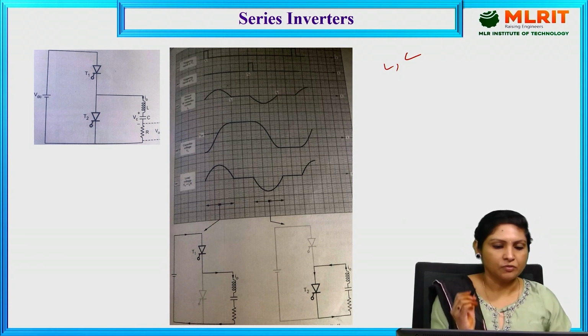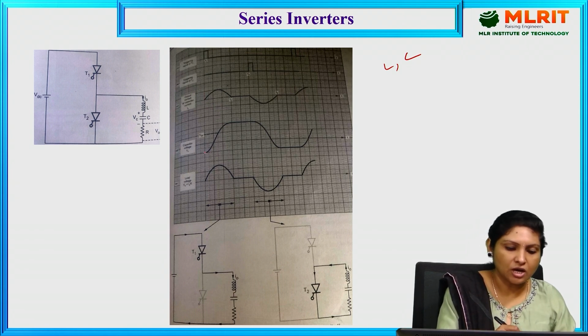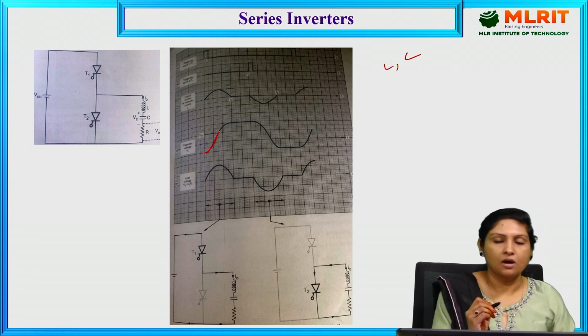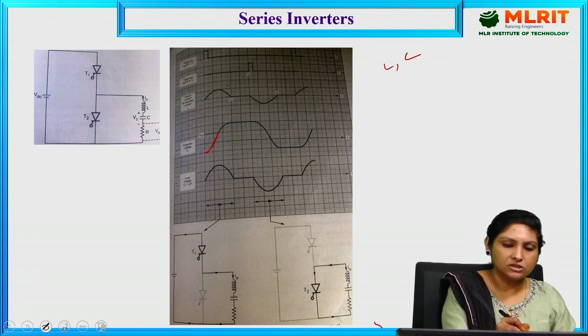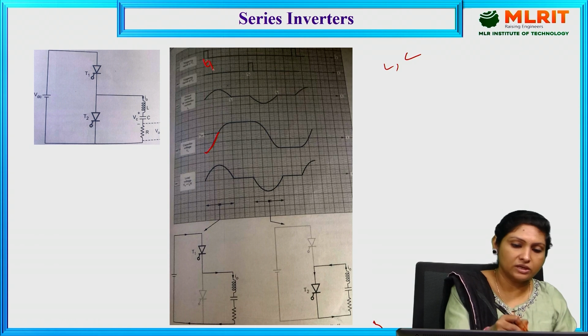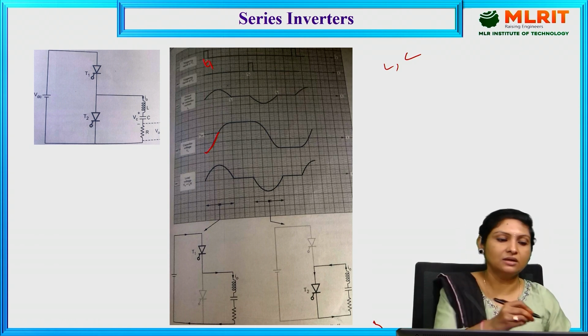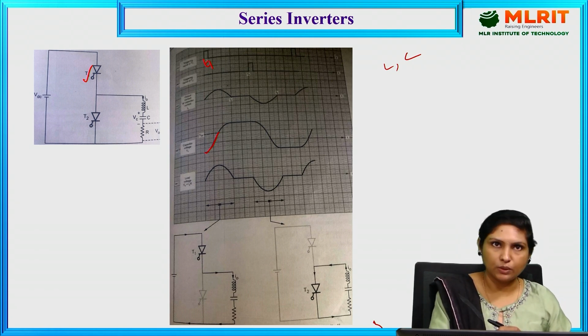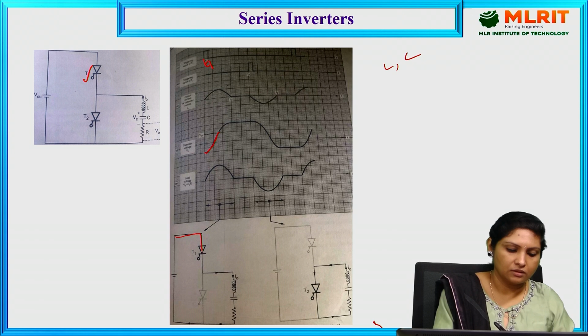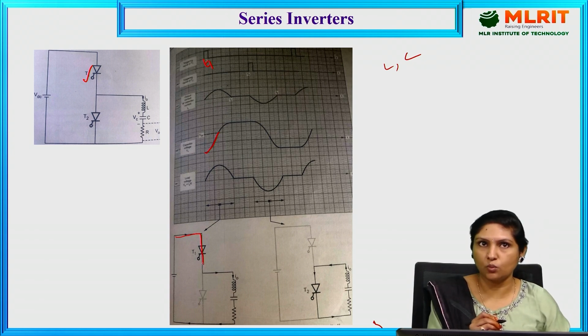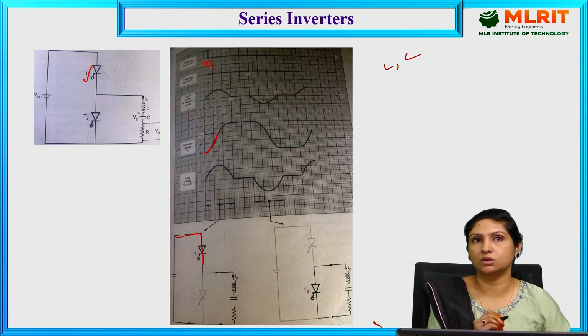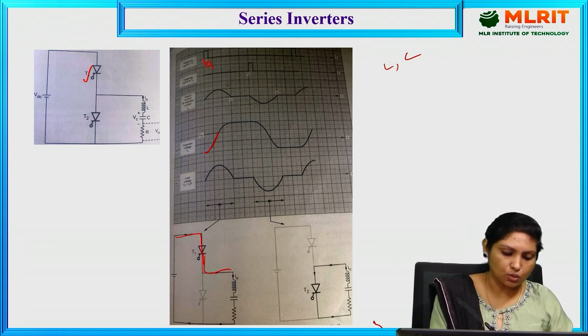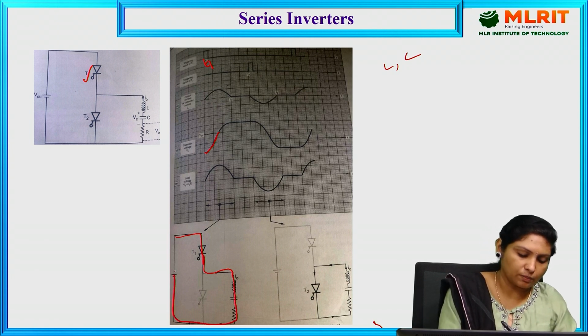Initially, the capacitor will be charged to the negative voltage, and at this instant called T1, we are providing the triggering pulse for the thyristor 1. When the triggering pulse is provided for the thyristor 1, at that instant the thyristor gets turned on and starts conducting current through the load in this direction, through inductor, capacitor, resistor and back to supply.